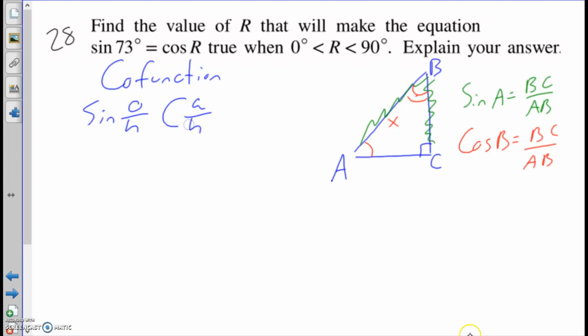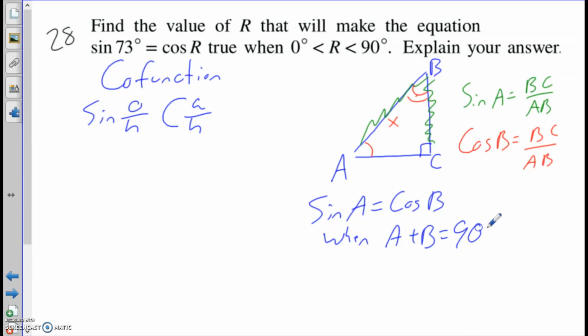So what we get is a concept that sine A equals cosine B when A plus B equals 90, when they're complements. That means we're talking about the acute pair of angles in a right triangle, and sine of one of them equals cosine of the other, because the side that's opposite one of them is adjacent to the other angle.